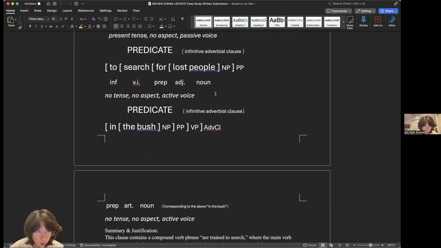Then the prepositional phrases for lost people and in the bush jointly modify the verb search, indicating the human object and the location of occurrence, respectively. Each prepositional phrase contains a noun phrase: lost people, the bush.